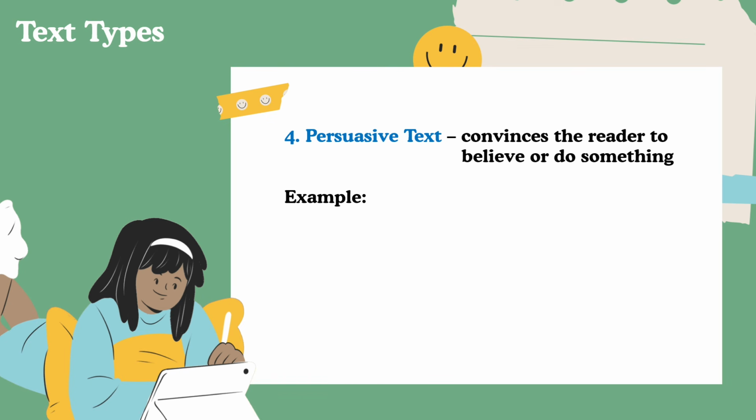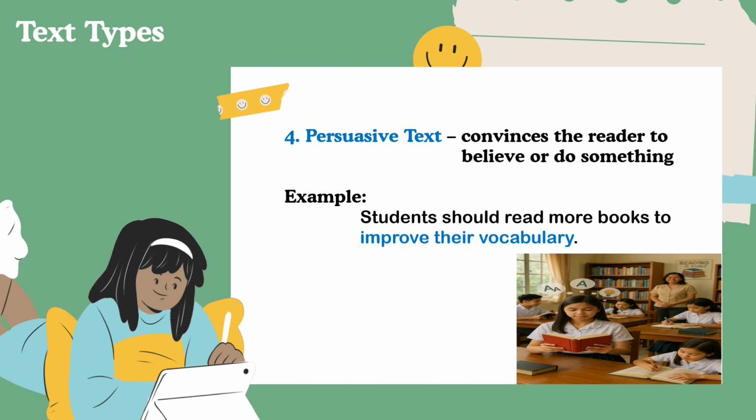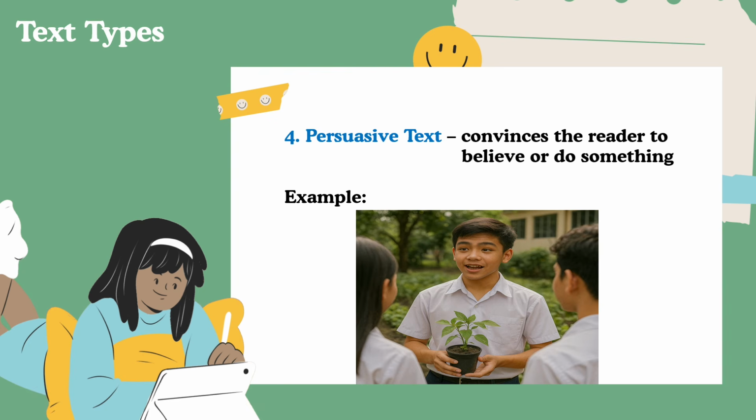Example: students should read more books to improve their vocabulary. Here's another. Kung gusto mong kumbinsihin ang mga classmates mong magtanim ng halaman sa school, you can appeal to their emotions by telling them kung paano ito makakatulong sa kalikasan at sa kanilang kalusugan.